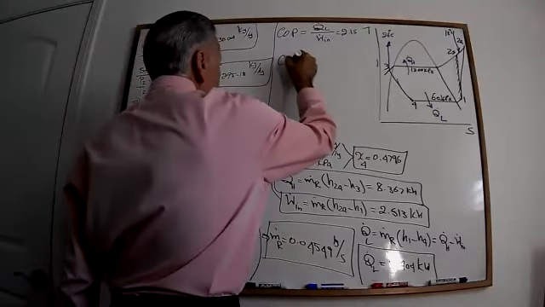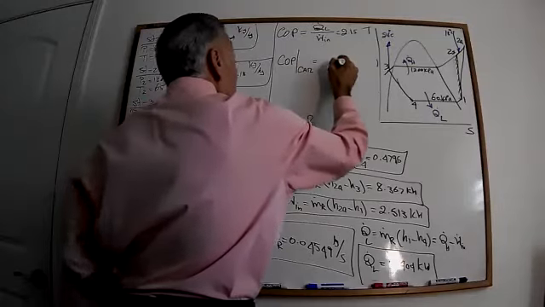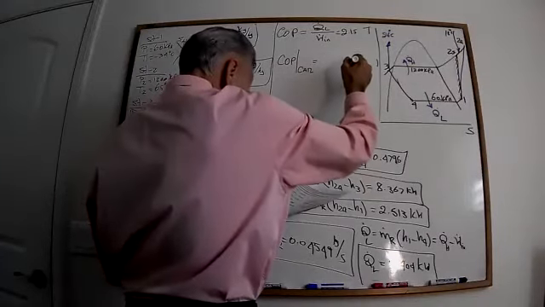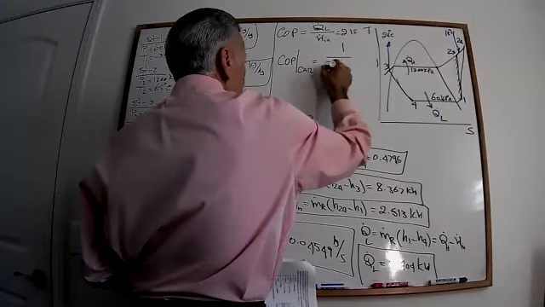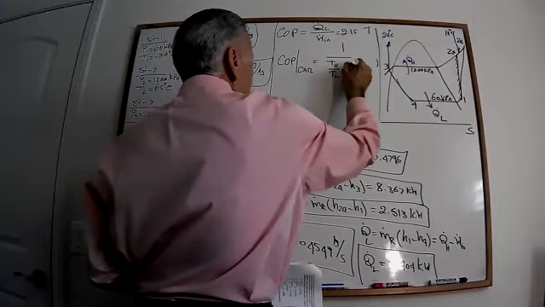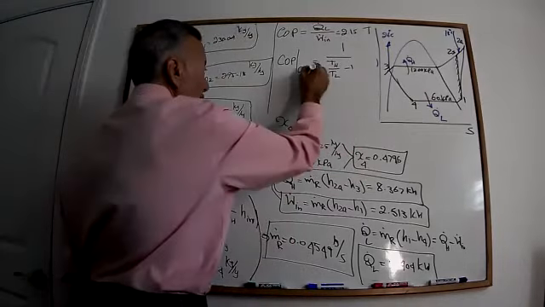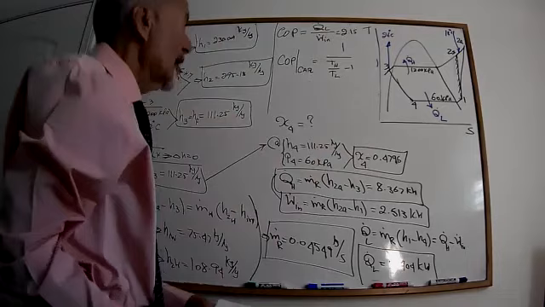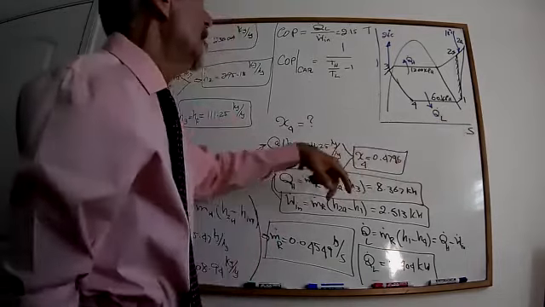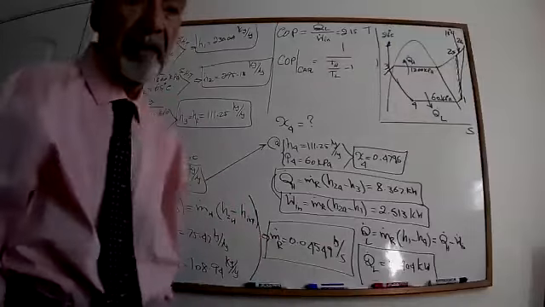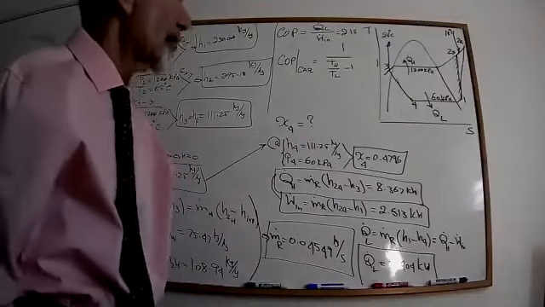The COP for a Carnot cycle is equal to 1 over TH over TL minus 1. This is the COP of a Carnot cycle. Now I'm saying if we consider the same conditions, however, it happens to be a Carnot cycle, which is not, what would be the COP of that? Okay?